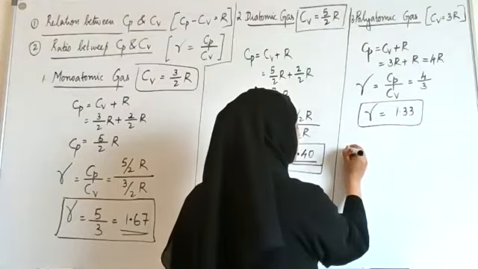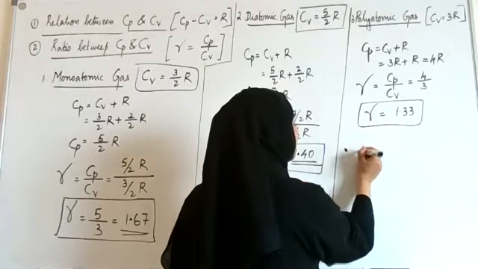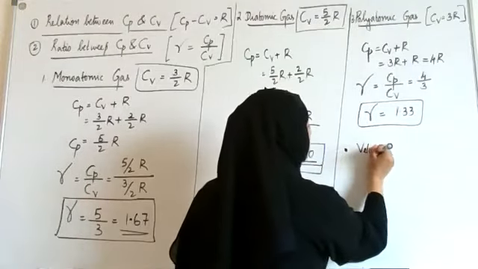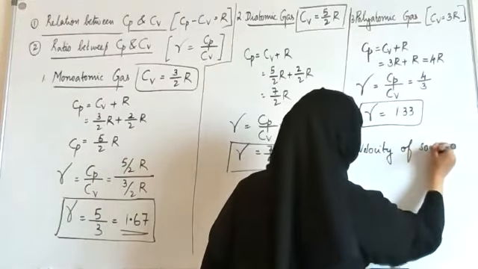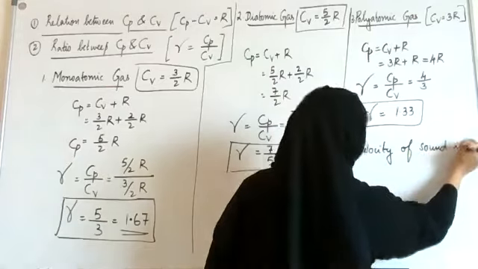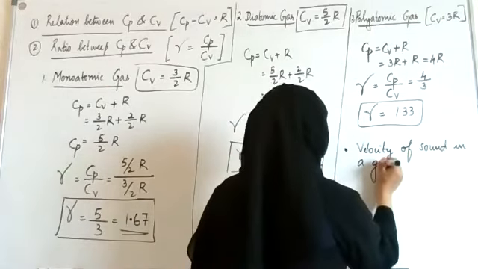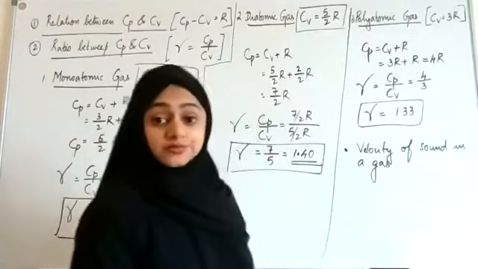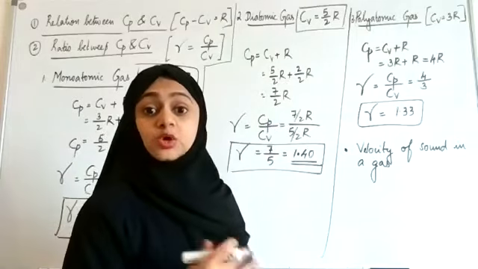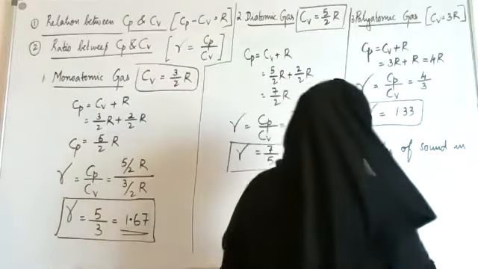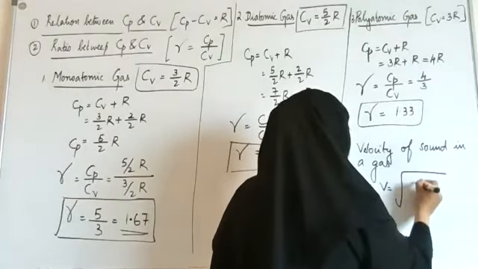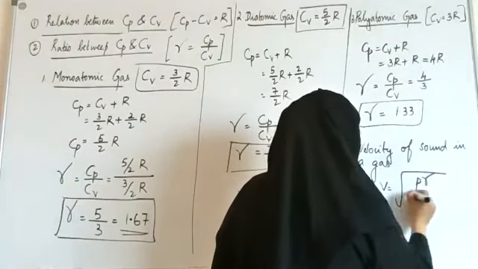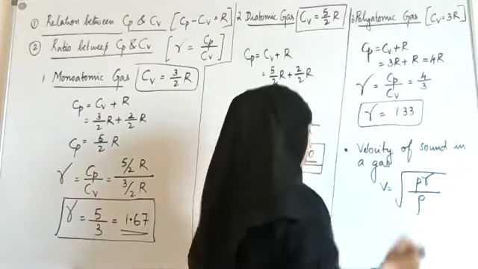Now, another important property of gamma is that it can be used to find the velocity of sound in a gas. The velocity of sound in a gas depends on gamma. For example, the velocity of sound in gas, V, is equal to root of P gamma divided by rho.